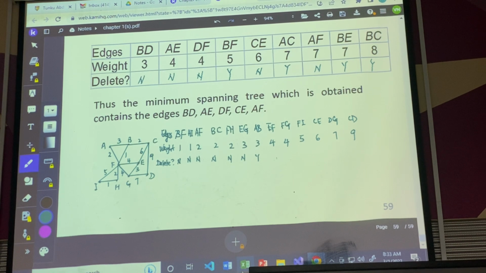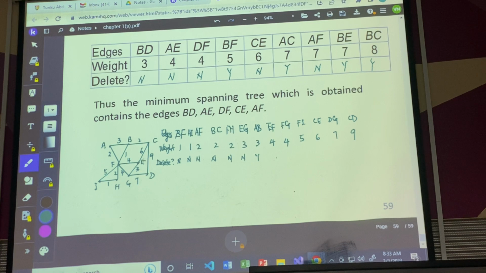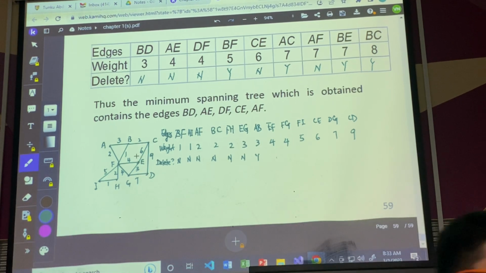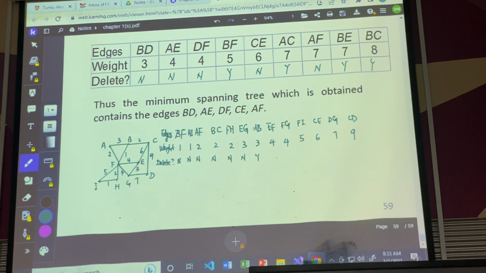How about EF? EF? Not delete or delete. Just now you have EG right here. And then do you have FG? Not yet, right? Not yet. It's because my FG are right at the back. So I can choose EF first.